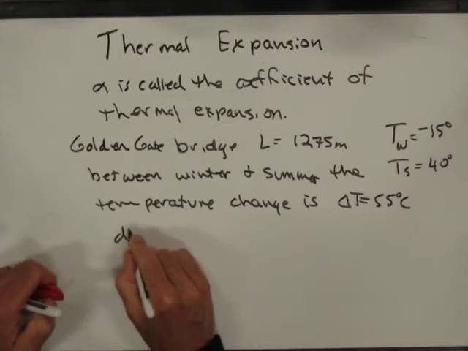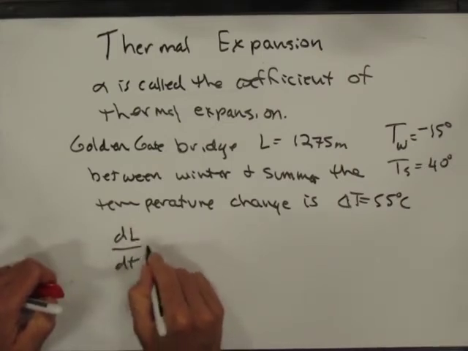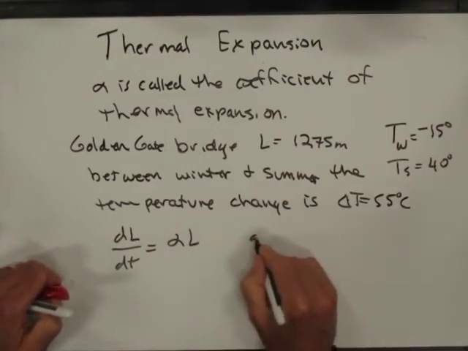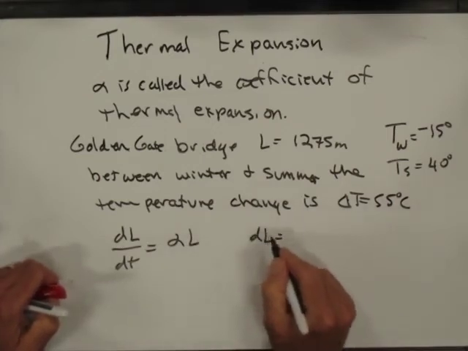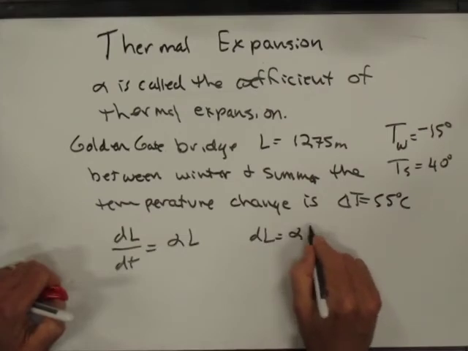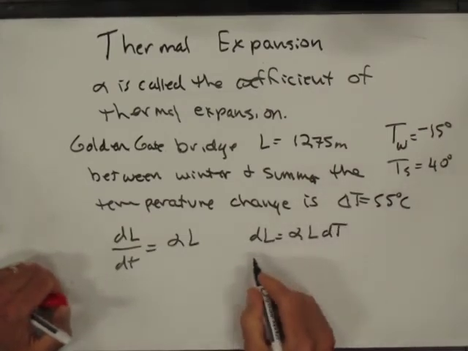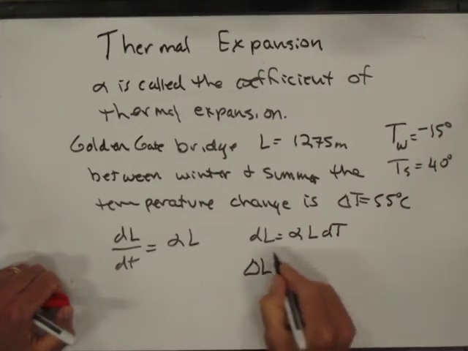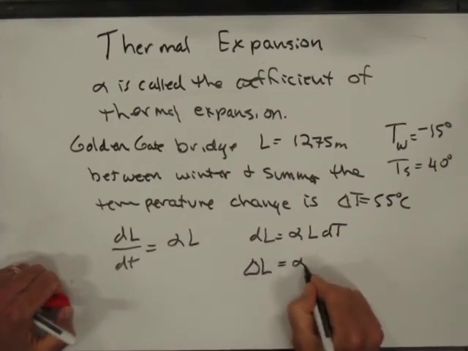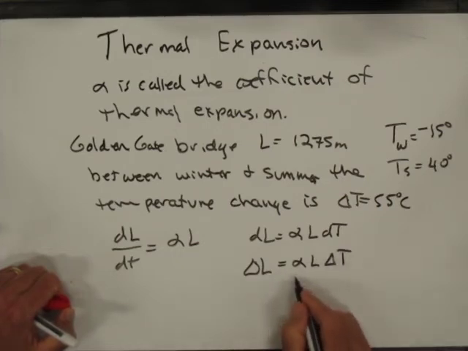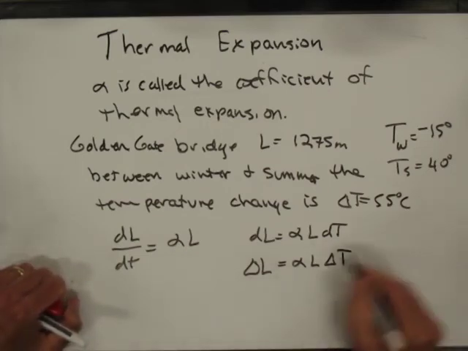And so we had dL/dT is equal to alpha L. And so that says that dL is equal to alpha L dT. We can approximate this and just call this the change in length: delta L is equal to alpha L times the change in temperature. And we know all these if we assume that the bridge is made of steel.